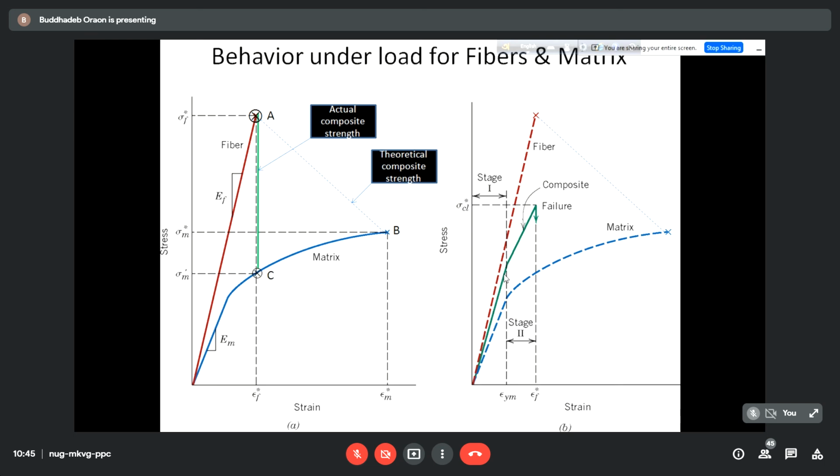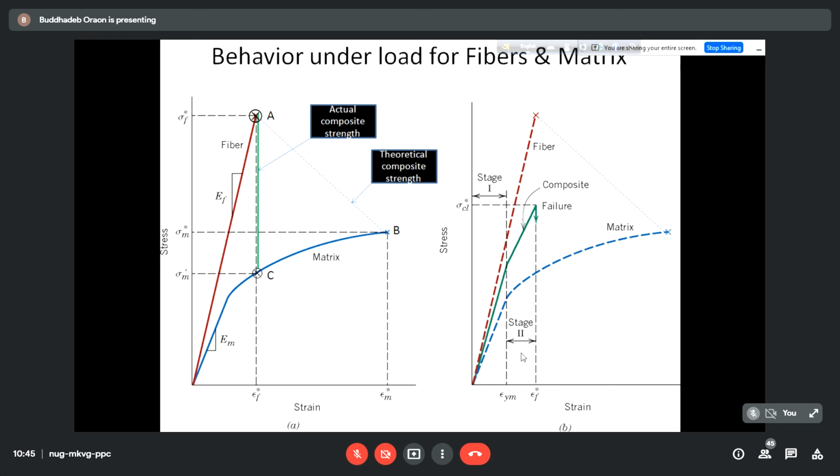So as the load increases, this is the transition point from zone 1 to zone 2, where load is basically finally transferred from matrix to fiber. So this is the explanation of these two graphs, which is very important.